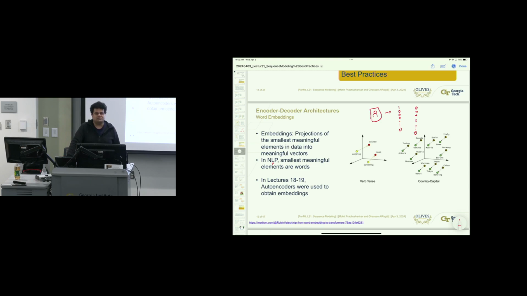But we can't use this kind of one-hot encoding when it comes to words or within natural language processing. The reason being that the number of words that can exist is a lot. If you open a dictionary, think of every single word being used in this kind of one-hot encoding. So every single word would need a 1 and then all zeros. Let's say, I don't know how many words there are in the English language, but let's say there are 1 million such words.